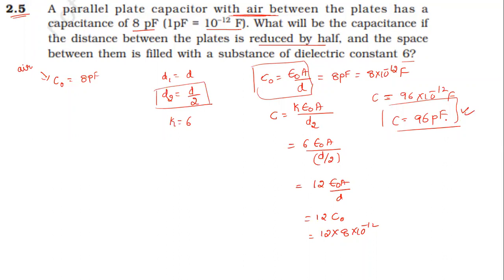That's your answer. Since the area is not mentioned, we are going to take the same area. If the given area also changes, like doubles, you should use that area also. Okay, so I hope this question is clear to all of you. So let's move on to the next question now.